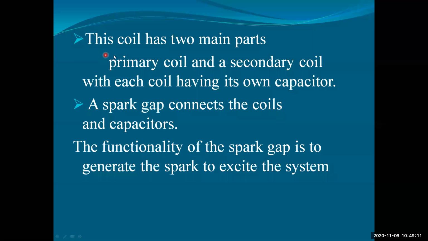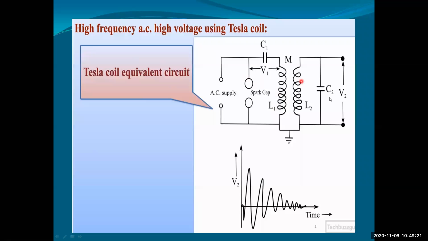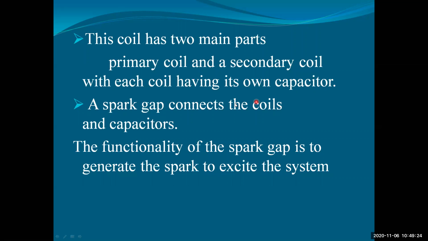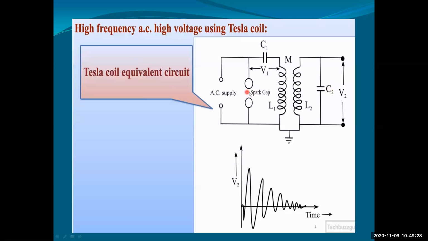In this Tesla coil, there are two main parts: a primary coil and a secondary coil, with each coil having its own capacitor, C1 and C2. A spark gap connects the coils and the capacitors. By using the spark gap, it is possible to connect L1 and C1.